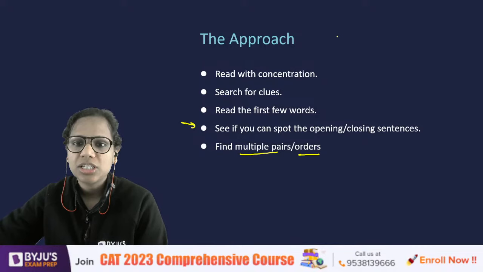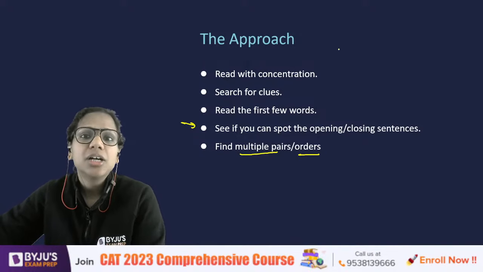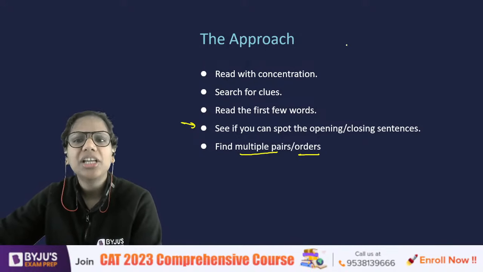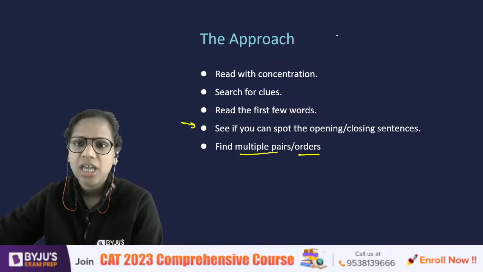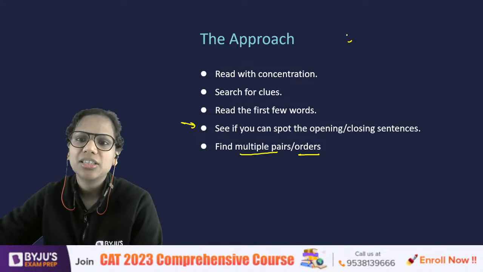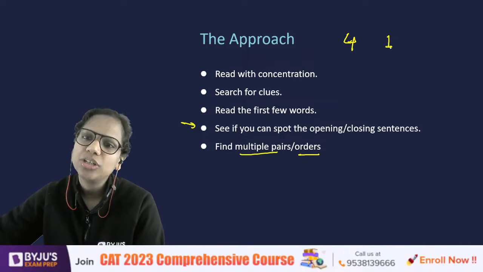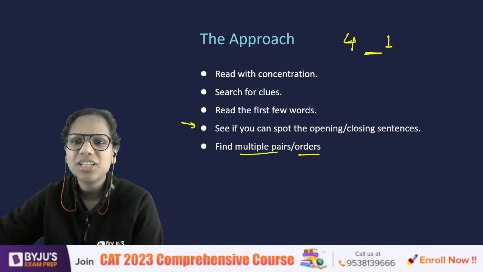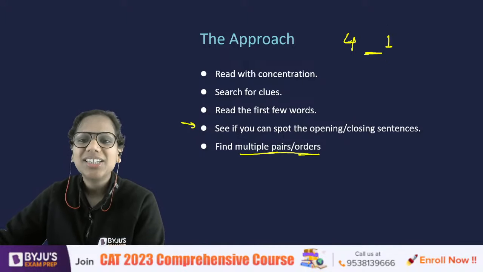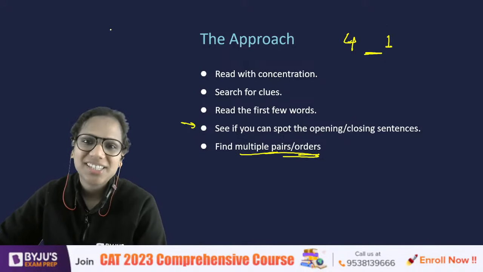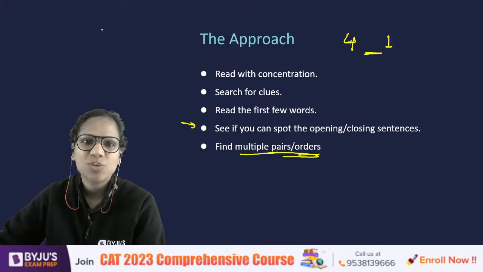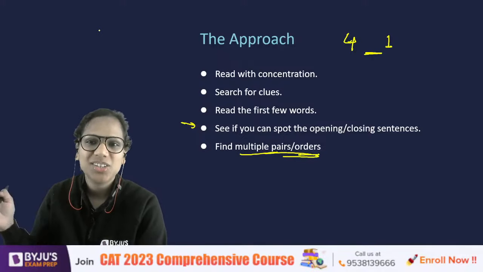So, for instance, let's say it's a tough parajumble question and I'm not really able to make a mandatory pair. Then also I can realize that okay, 4 1 may not be a pair, but 4 should come before 1. So I'll keep some distance between 4 and 1 and write them like this. Treat them like your LR arrangement questions, where you have to arrange people in a row or in a circle, right?